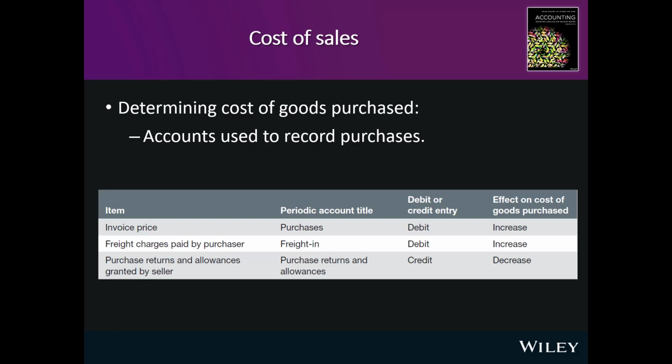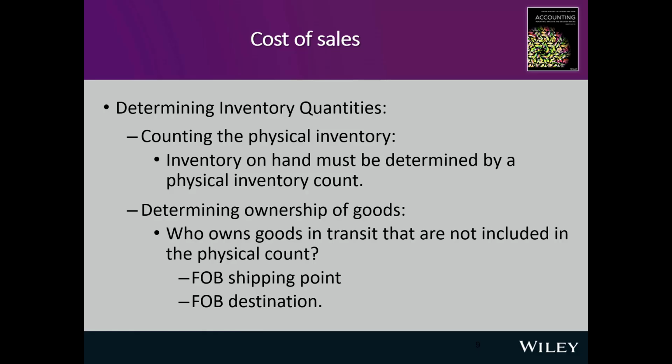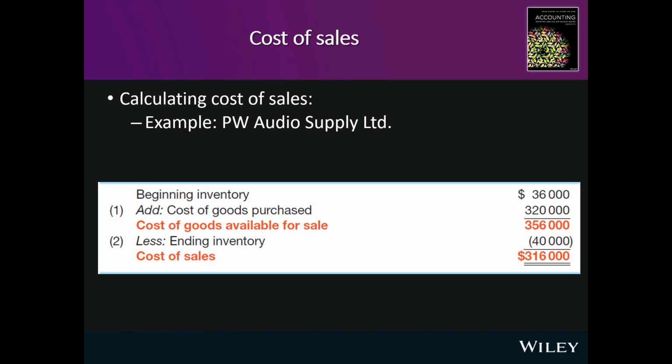Okay, so these are the titles that you can go through. To determine net purchases, purchases less purchase returns and allowances. So we have net purchases, add freight in, then you will have cost of goods purchased.